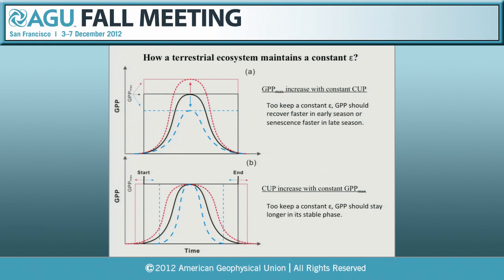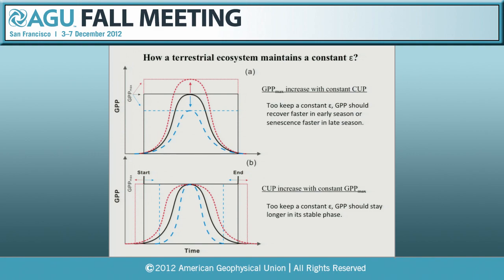Likewise, if the maximum GPP is low, it is supposed to be slower. So we're supposed to find some relationship between the maximum GPP and the speed of this recovery or senescence. That's one way to examine the conservative relationship.